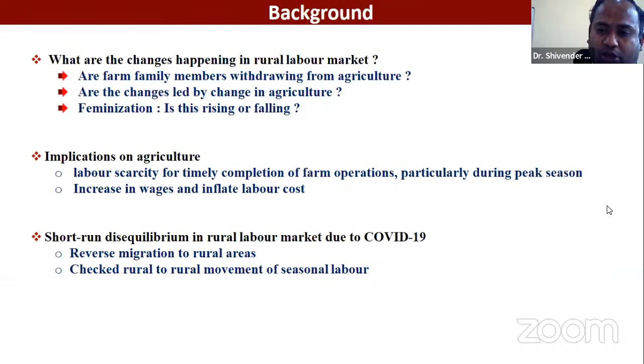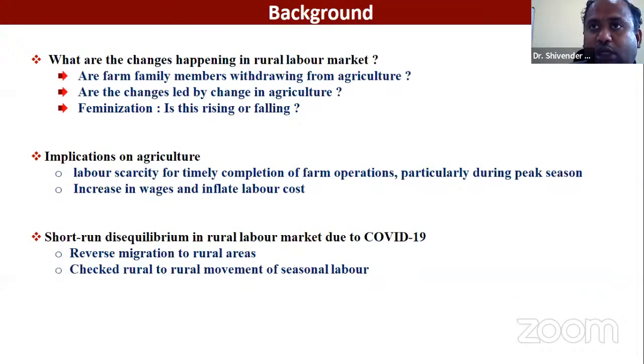So whether family members are withdrawing from agriculture is an important question, and we need some evidence on that.